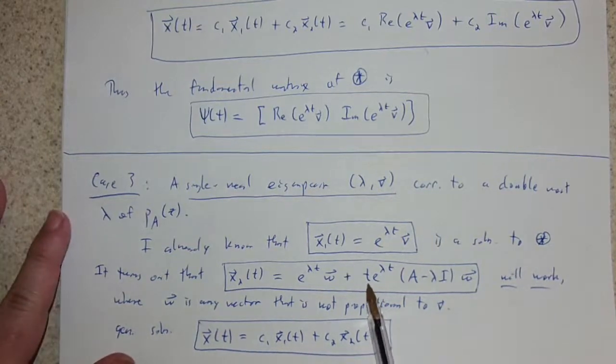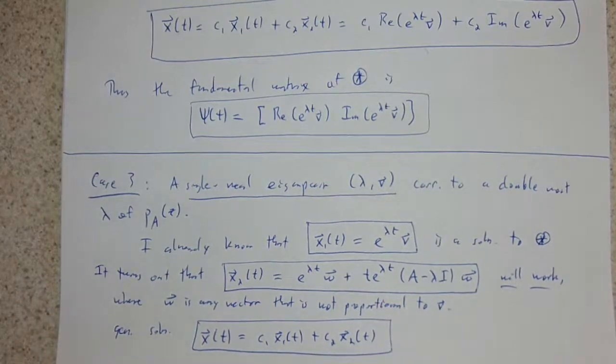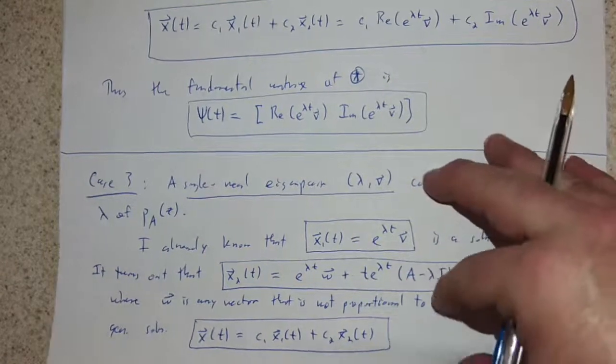You added a t there, and you considered t e to the lambda t, and that turned out to work just fine. Now you can't quite do that here. There's this little extra song and dance you have to do, okay? But this works in a way that is analogous to what we had to do in the chapter 2 case. All right. So finally, let's see some examples.